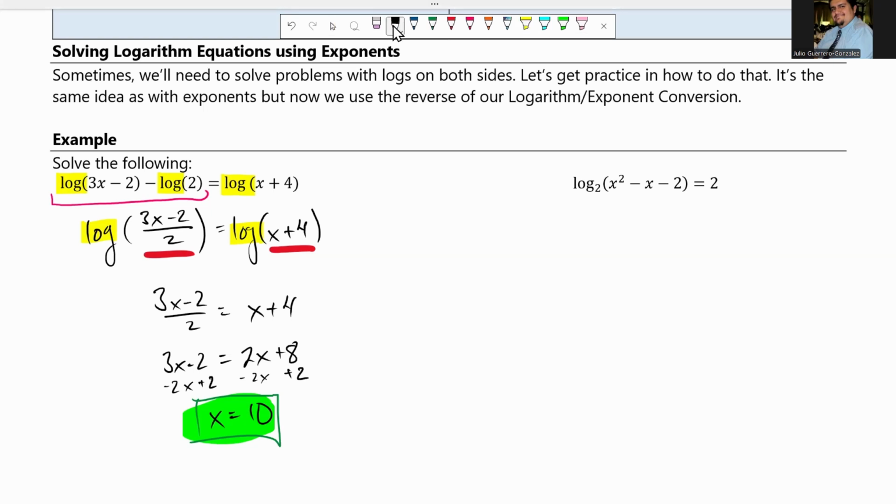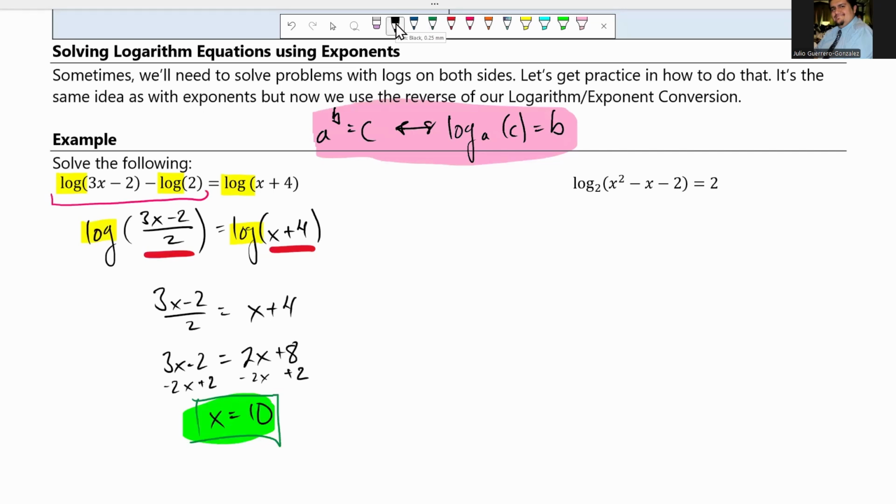So let me write this down over here again. If you have a to the b is equal to c, that is equivalent to log base a of c is equal to b. Remember, this is our magical rule right here. So 2 to this power has to be equal to that.